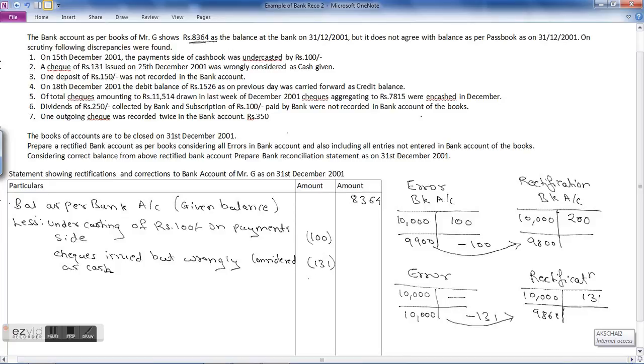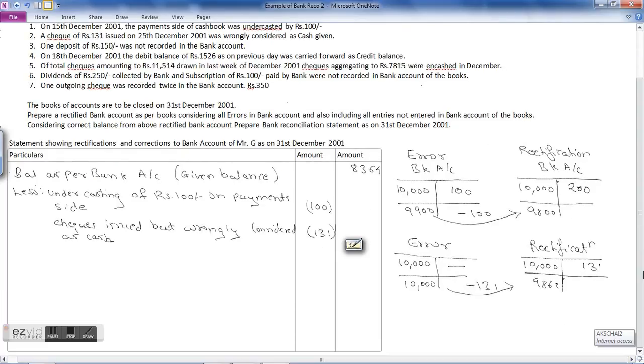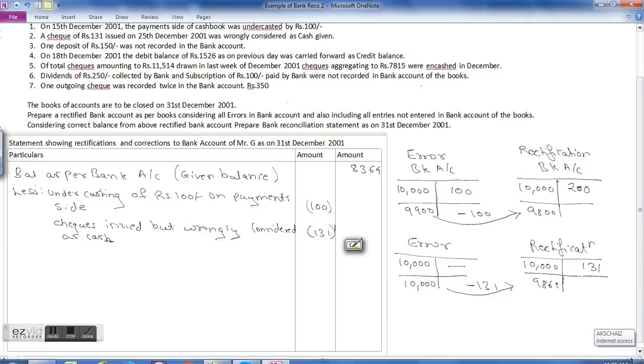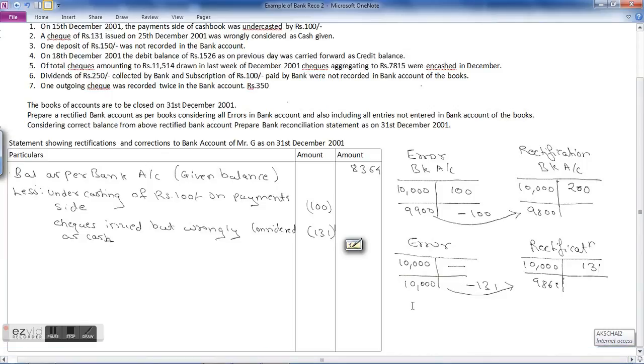Right. Now the next one, deposit of rupees 150 was not recorded in the bank account. Okay, so now let's see, here one deposit of rupees 150.